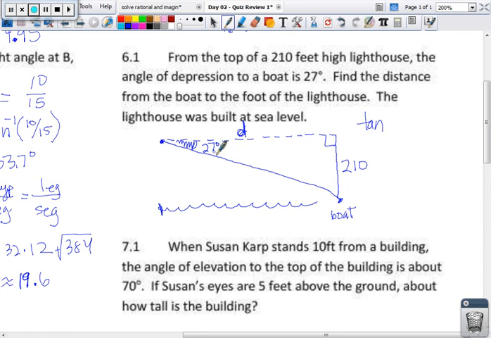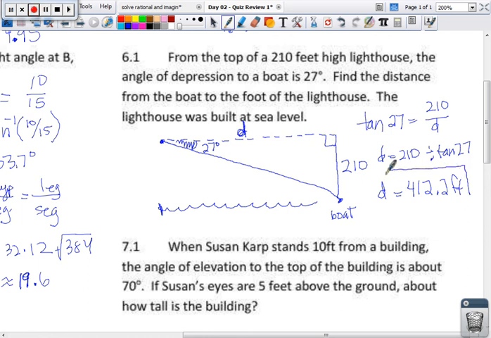It's always made with the horizontal. So tan of 27 equals 210 over D, opposite over adjacent. We're going to end up dividing 210 by the tan of 27. And it turns out that distance is 412.2 feet that the boat would have to go to get to the foot of the lighthouse.